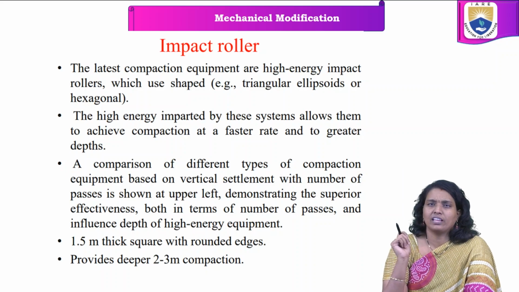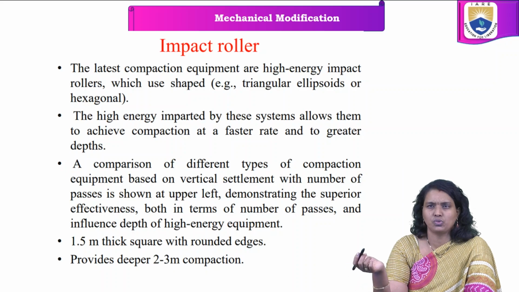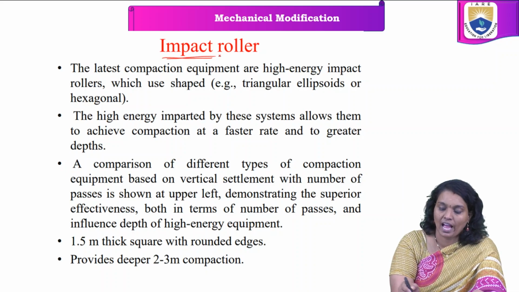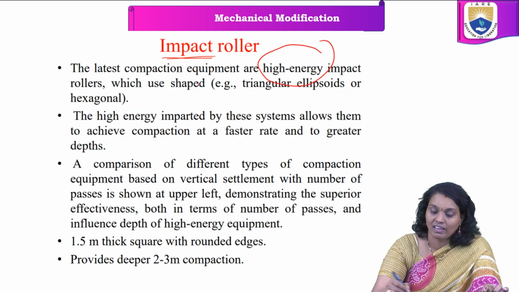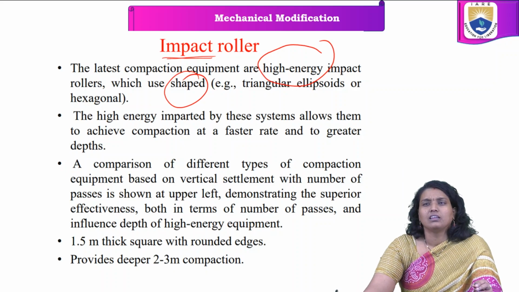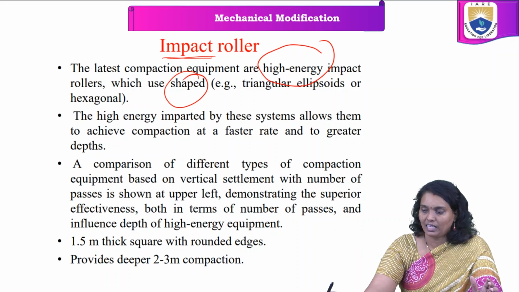Coming to the impact roller, the latest compaction equipment are high energy impact rollers which use shapes, for example triangular, ellipsoid or hexagonal. The high energy imparted by these systems allows them to achieve compaction at a faster rate to greater depths. In these impact rollers, based on the high energy as well as the shape, and based on the depth, we have different types of depths.